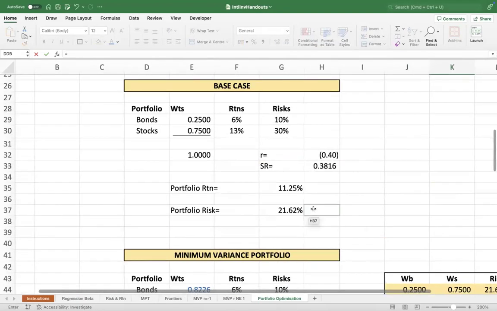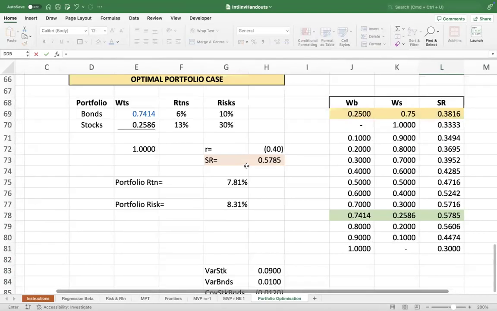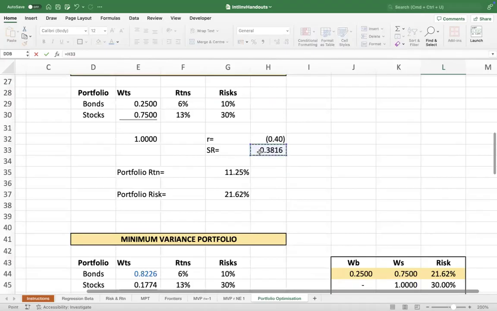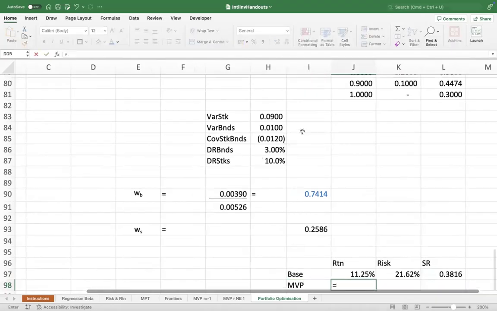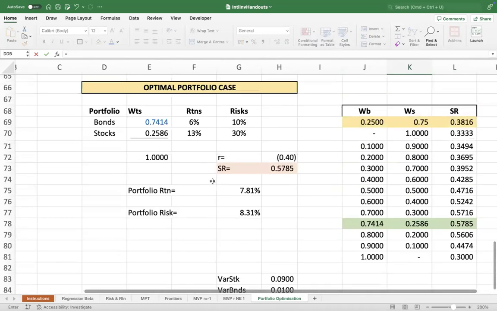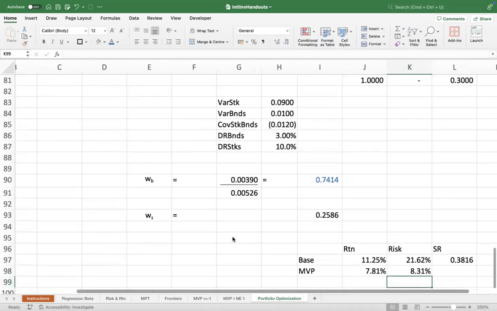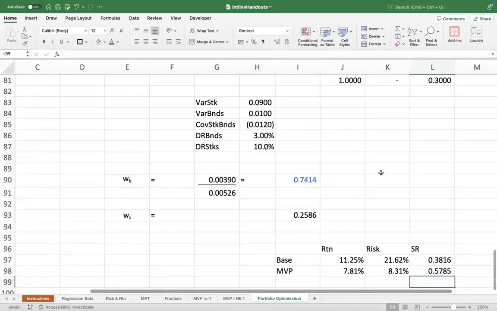It was 21.62%, but the Sharpe's ratio was only something around 0.38. Then we did minimum variance portfolio. उसमें return कितना था? It came down considerably, but mind you, the risk also came down considerably, and the Sharpe's ratio came down to 0.5785.